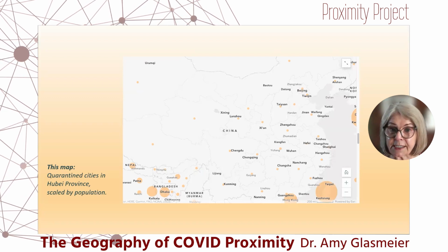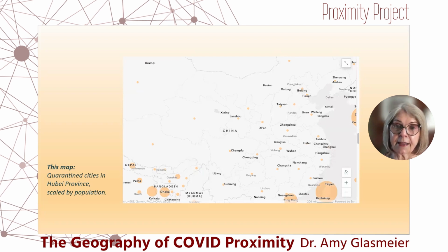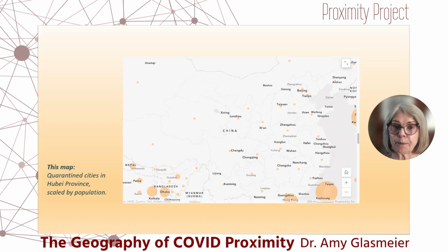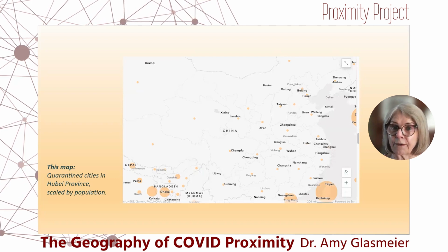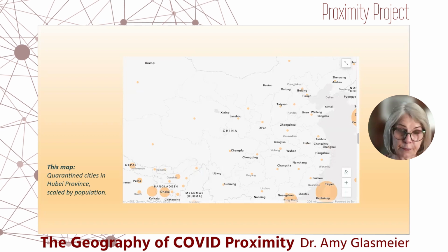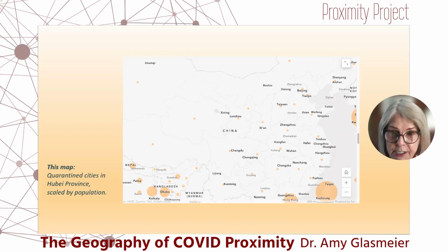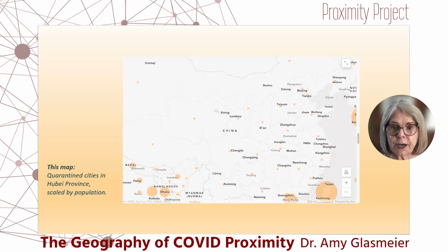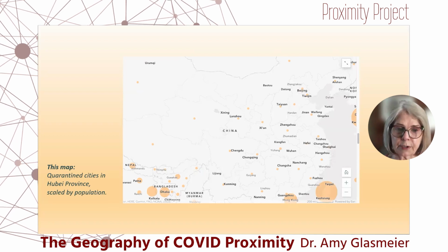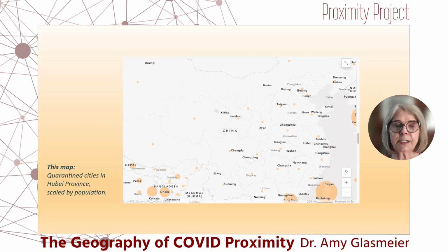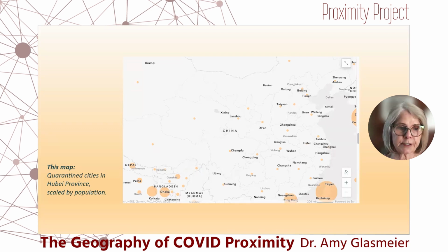And so you can see that in fact, the cities that were being cordoned off were of a variety of different sizes. But what we also see is that the spread was moving into other countries within the region and larger populations.